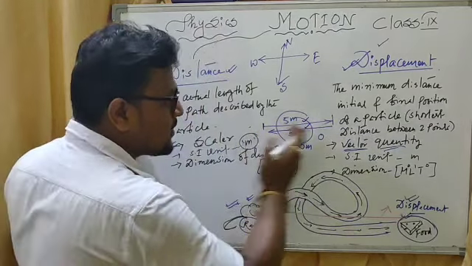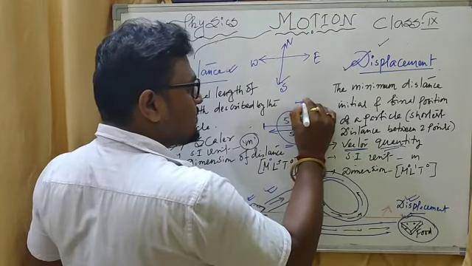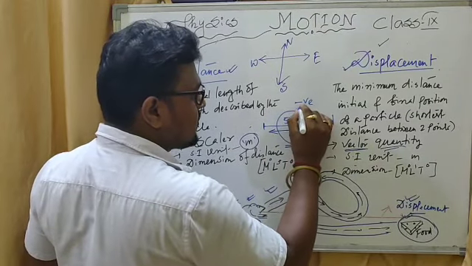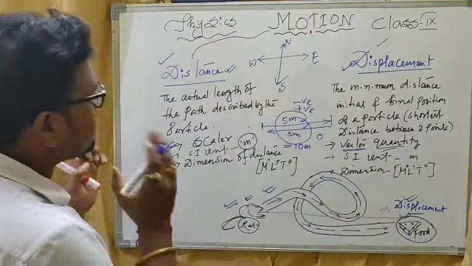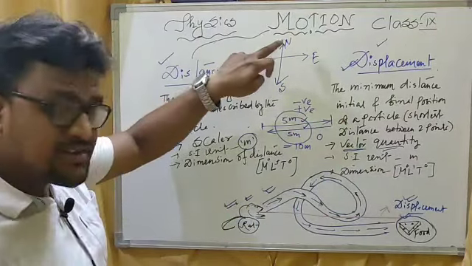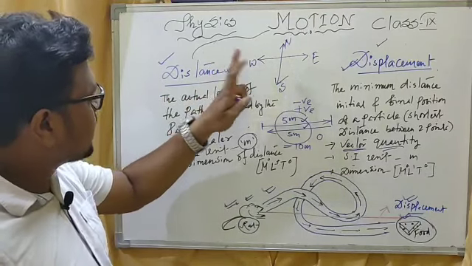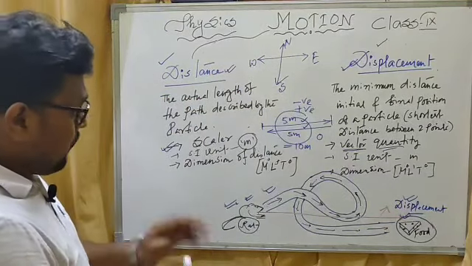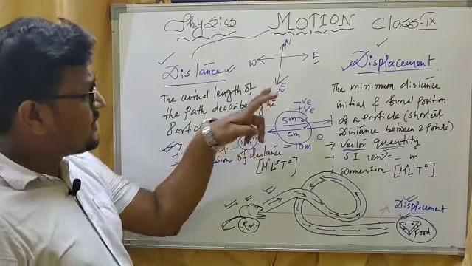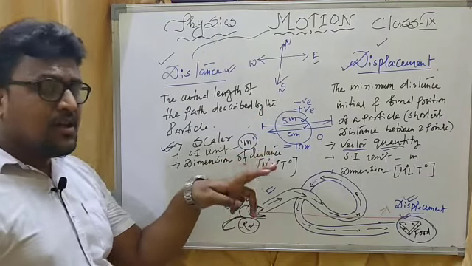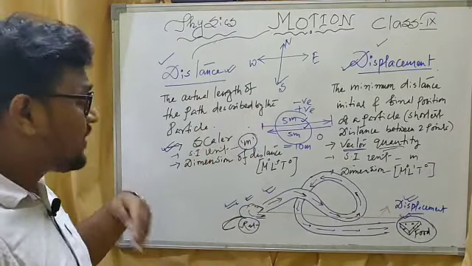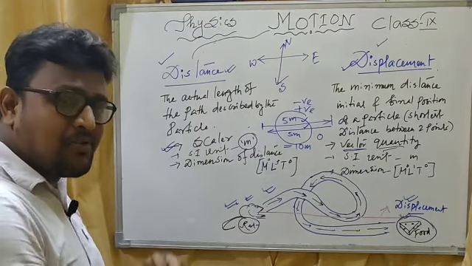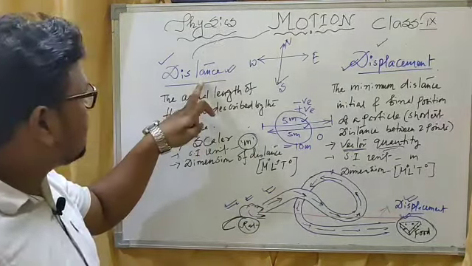Why? In opposite direction it is always minus, and in the same direction it is always plus. There are four directions: north, south, west and east. When a direction is mentioned, that is the concept of displacement. When there is no direction, when an object travels a particular path, that is the concept of distance.